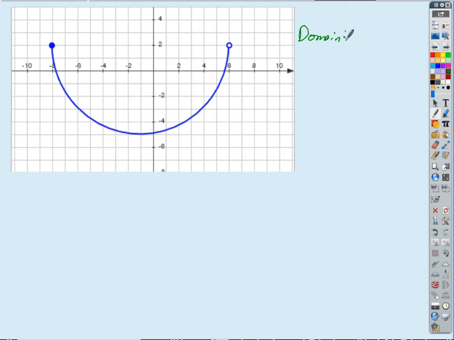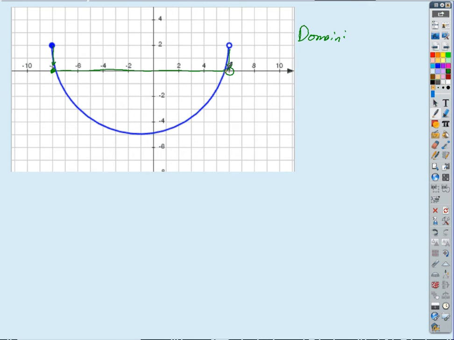Everybody see that, -8? Okay, because it looks like that's the furthest we get to the left. What's the upper limit? 6. And do I include that point? No, I don't. So that would be an open circle, and if we wanted to graph the domain, it would just look like that green graph, wouldn't it?